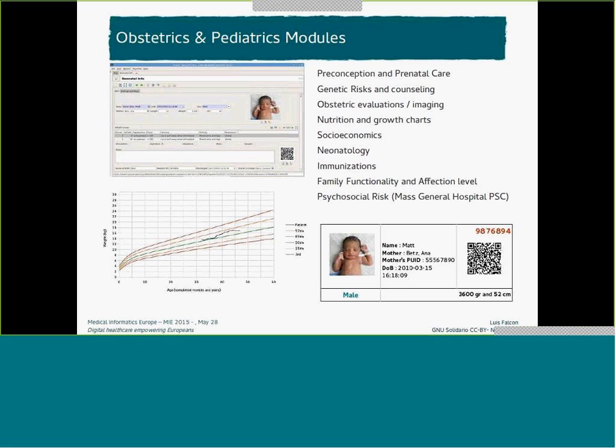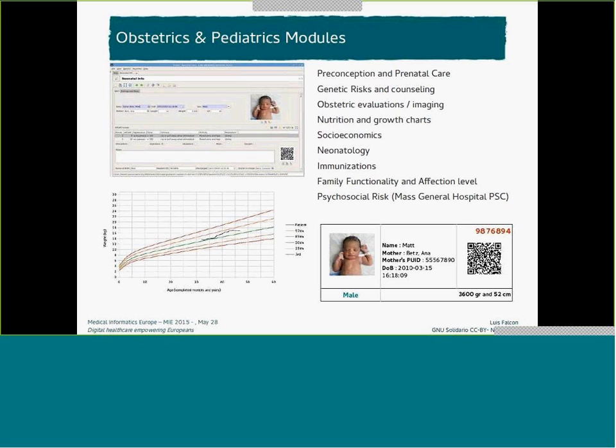And such as, again, the social condition, the nutrition level of the mother, the obstetrics evaluation. About pediatrics, just what is the affection level and family functionality, psychosocial risk, and information.